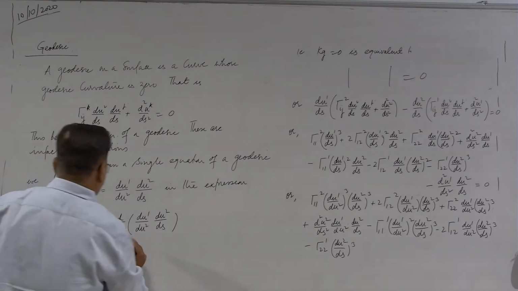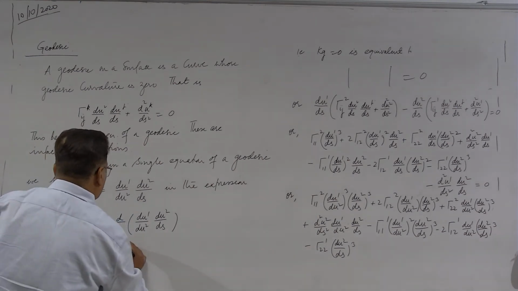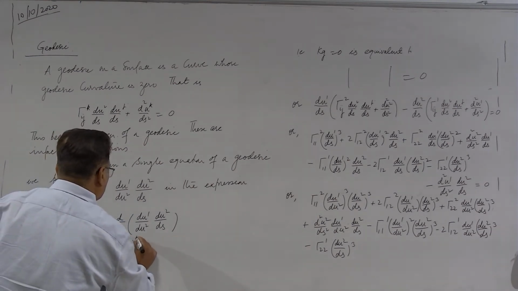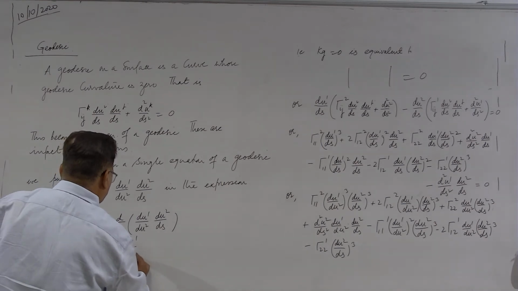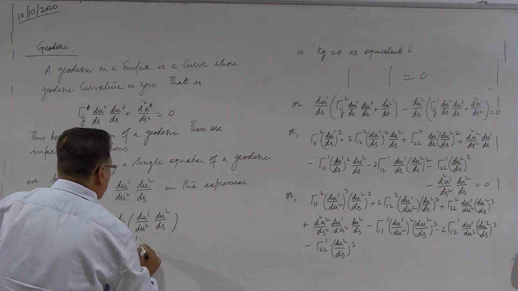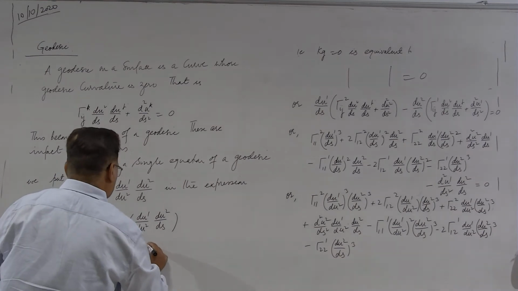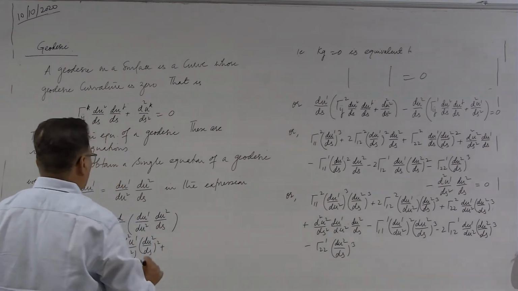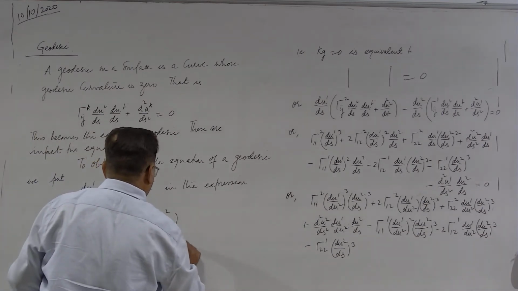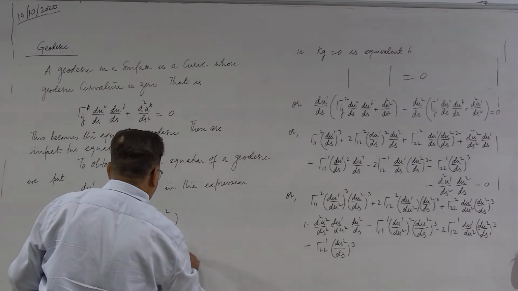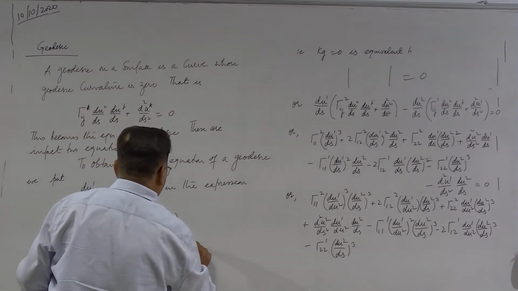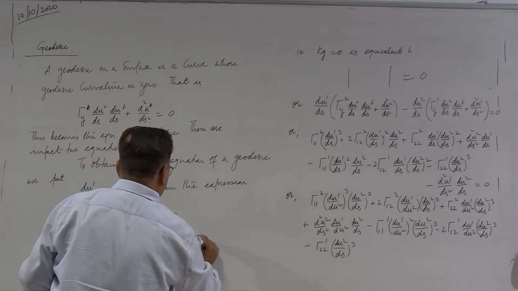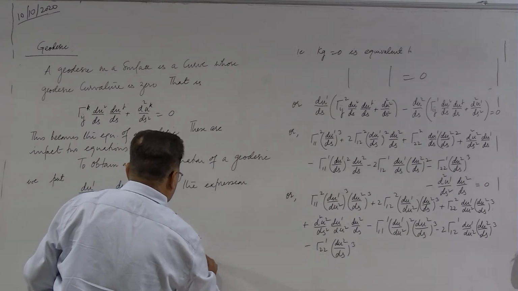And now by parts it will be d²u1/du2² into (du2/ds) whole square plus du1/du2 into d²u2/ds².